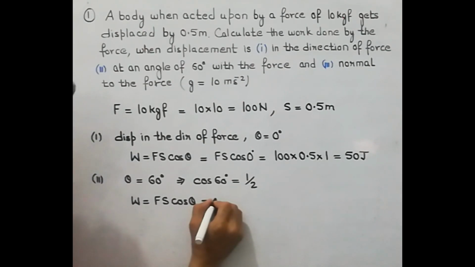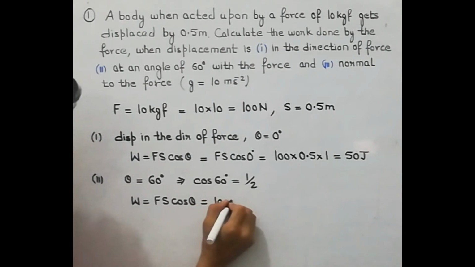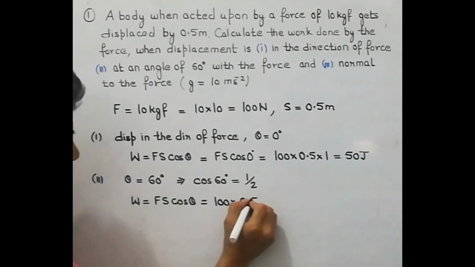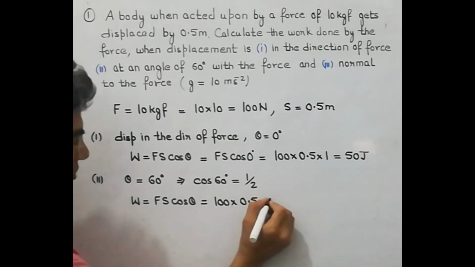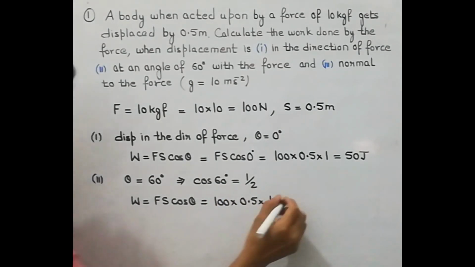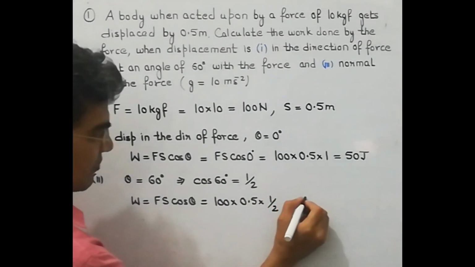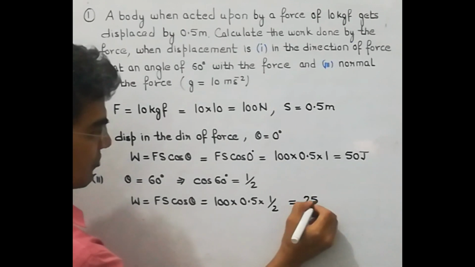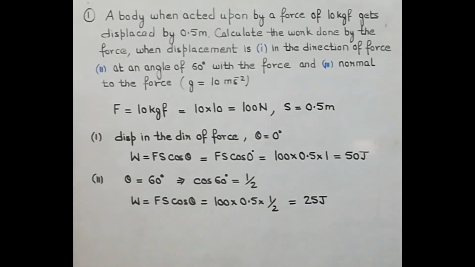F is 100, S is 0.5, and then we have cos 60. Cos 60 is half. So that will give you 25 joule. So the work done in case 2 will be 25 joule.